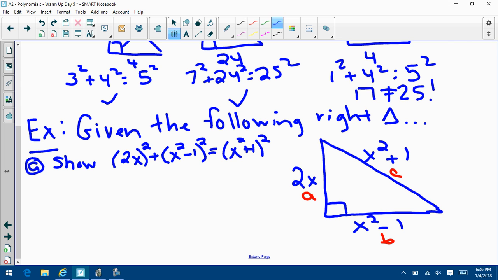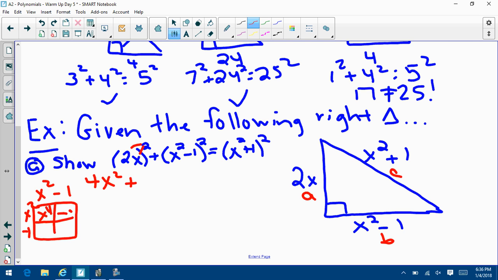Okay, so let's go ahead and show this. What is 2x squared? Hopefully you're saying 4x squared, because that 2 has to go to both pieces. So that's 4x squared plus x squared minus 1 squared. Okay, maybe I need to come down here and do that. So x squared minus 1 times x squared minus 1 would be x to the 4th minus x squared plus 1.